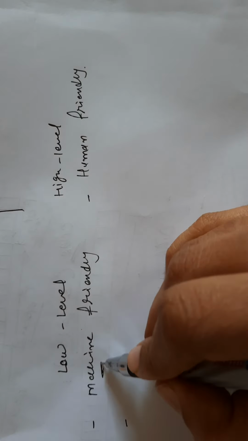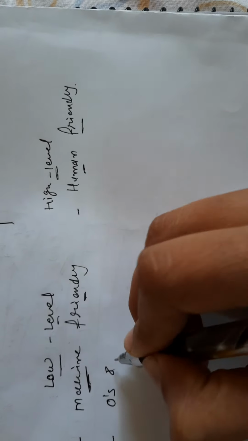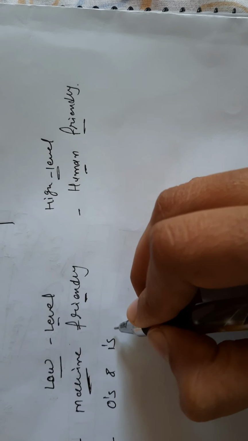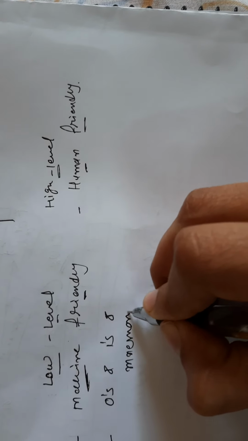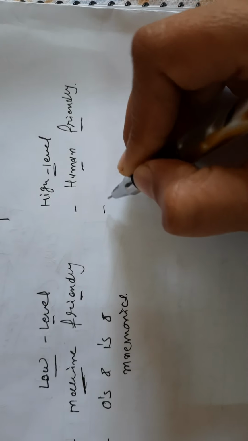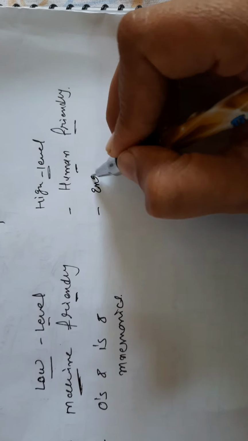Let us quickly list out points on low level and high level language. This low level language is machine friendly. High level language is human friendly. Low level language contains zeros and ones and mnemonics also, while high level language's structure and keywords are just like the English language.